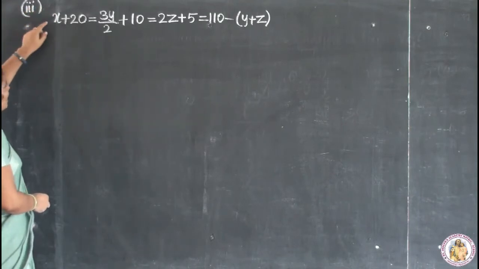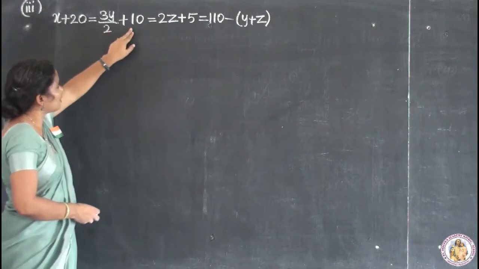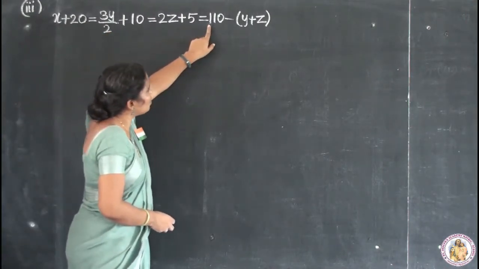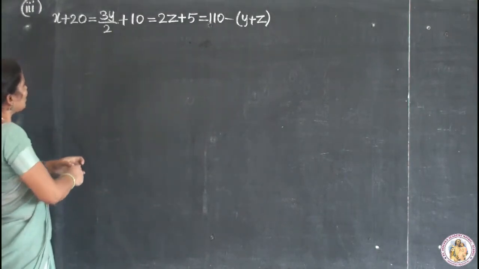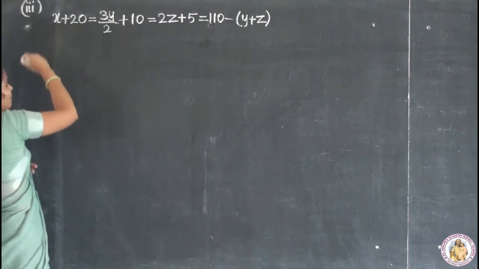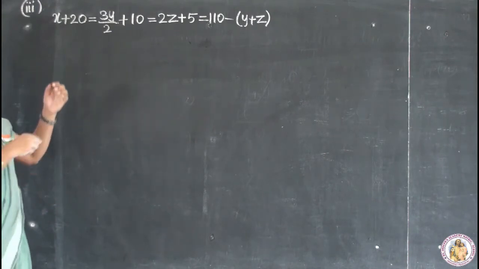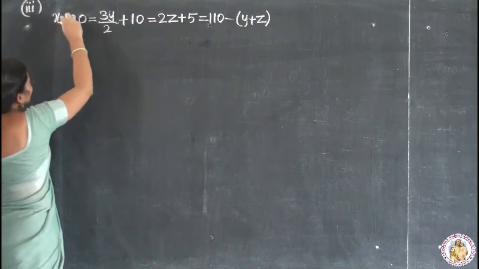Question number 3. X plus 20 is equal to 3y by 2 plus 10 is equal to 2z plus 5 is equal to 110 minus y plus z. Here you can see it is given in a combined form. We don't have the first, second and third equations. Now let us first try to find out the first, second and third equations.